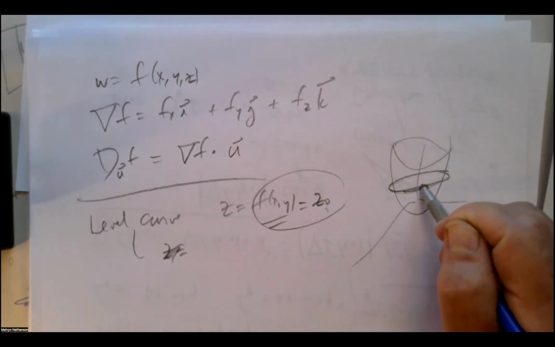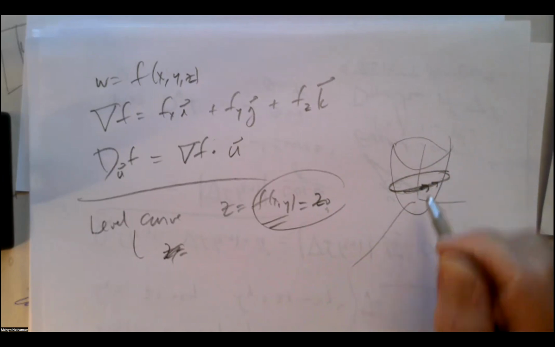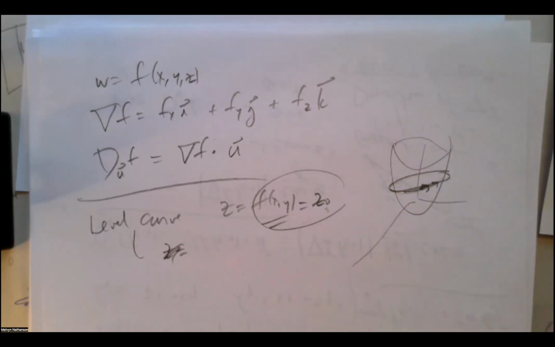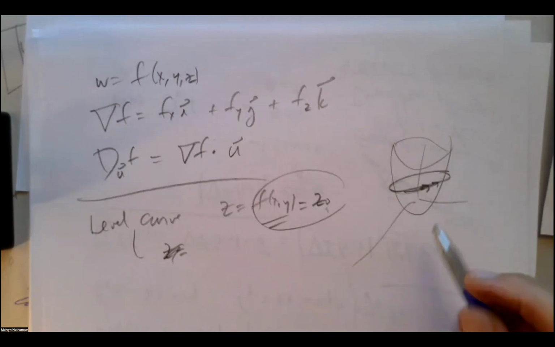So if you were to take the directional derivative along this curve at this point, it would be 0. Of course, it's a constant along that curve. And it will be perpendicular, and the derivative will be perpendicular to the gradient.